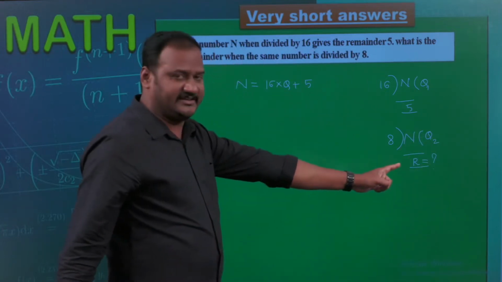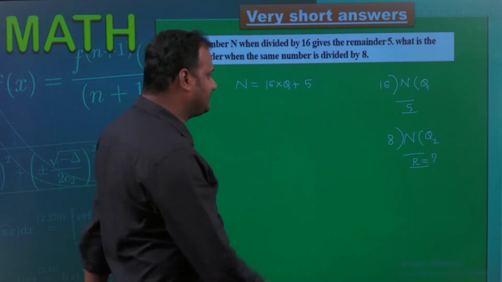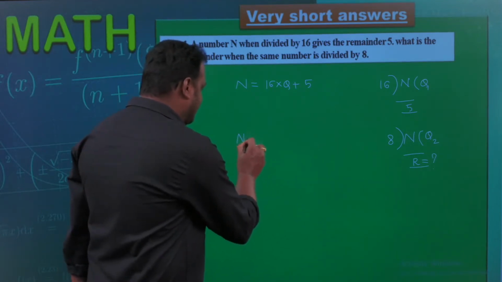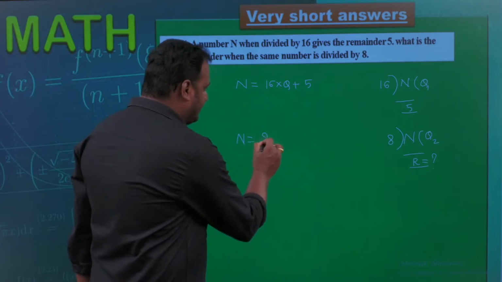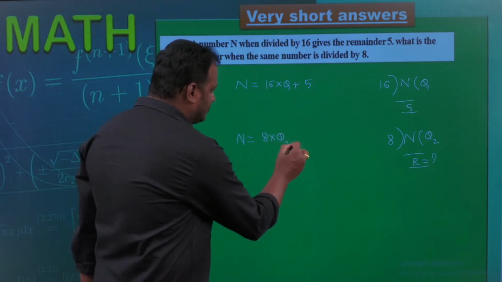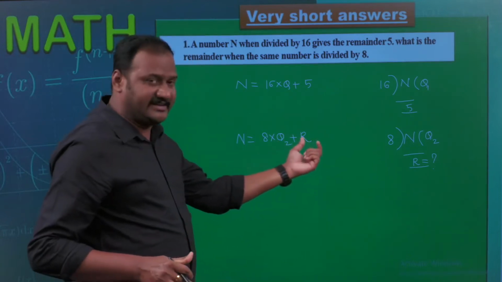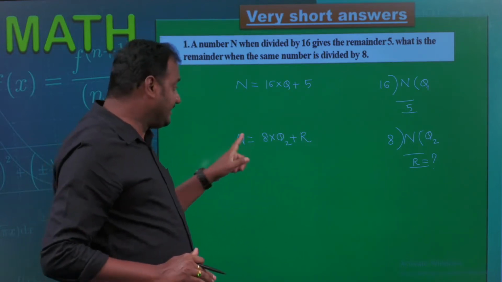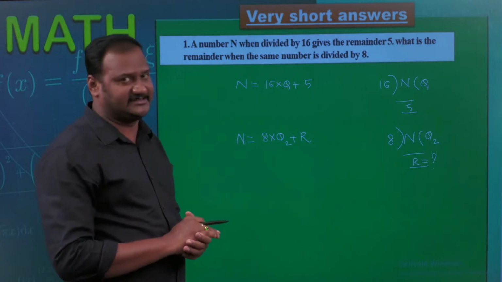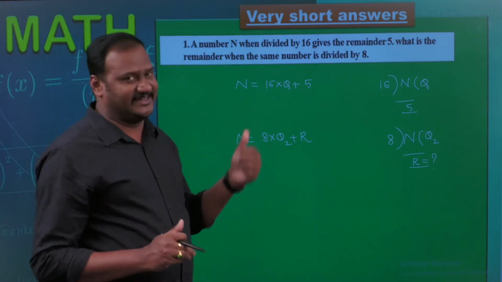I am going to write this in the same standard form, that is n equals 8 into q2 plus remainder R. So how do I get the remainder when the same number n is divided by 8? See, the answer is there itself.